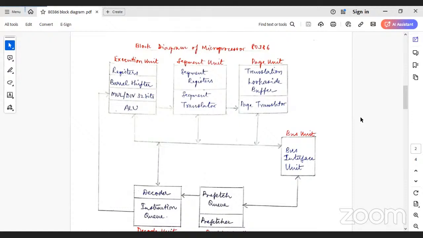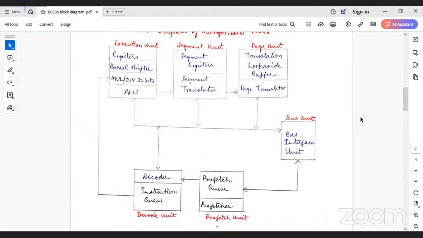Barrel shifter is, when you are doing multiplication manually, you go on shifting one position to the left. If you are multiplying two numbers, the first number after multiplication will be written the same way. The next number you will start from the second place. That is the work which the barrel shifter will do here for a microprocessor.